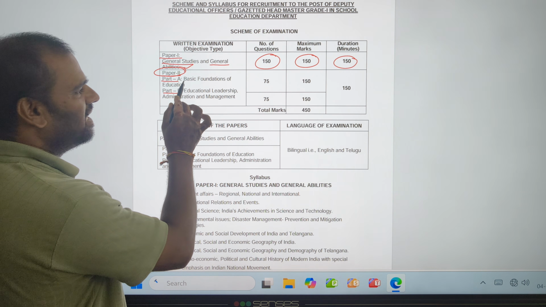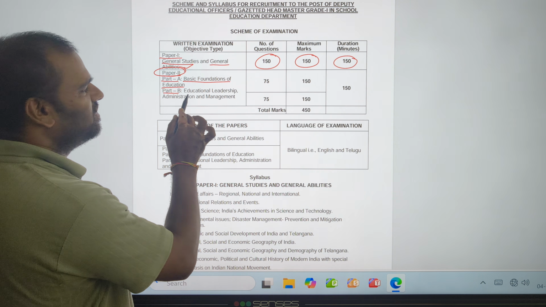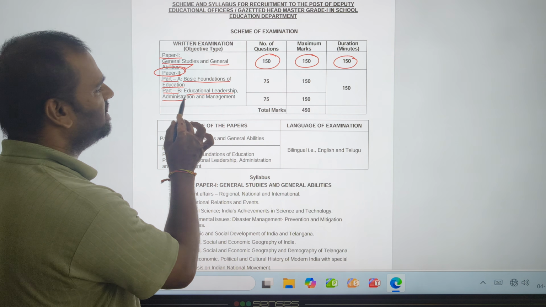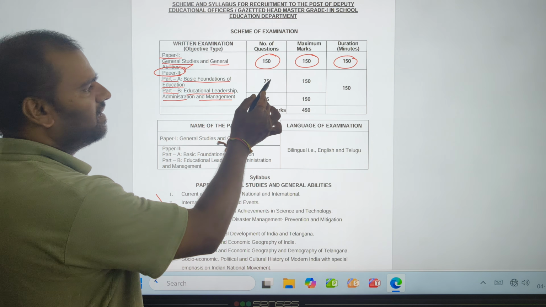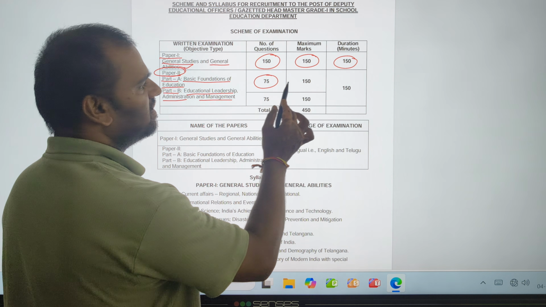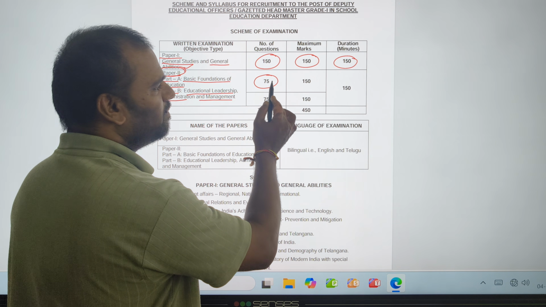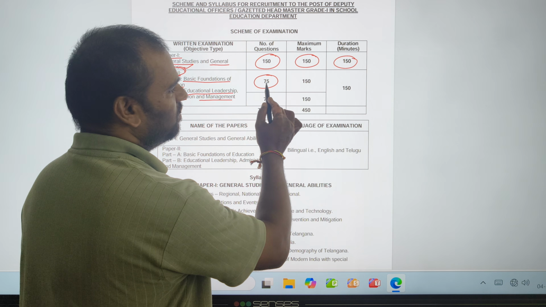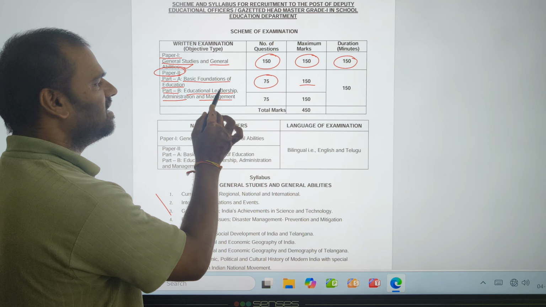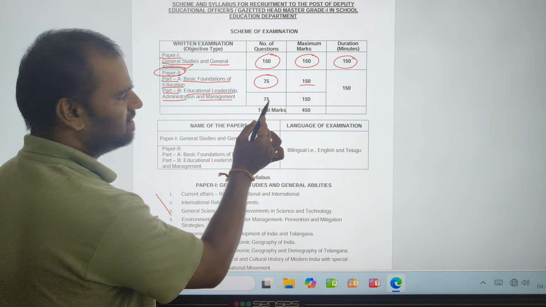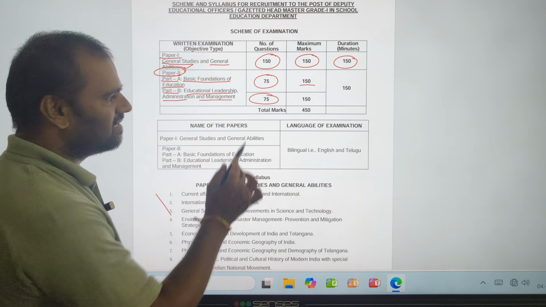Part A is Basic Foundations of Education, Part B is Educational Leadership, Administration and Management. From Part A we are going to get 75 questions and each question carries 2 marks. 75 questions at 2 marks each is 150 marks. Next, Part B, that is Educational Leadership, Administration and Management: 75 questions, each question carries 2 marks.